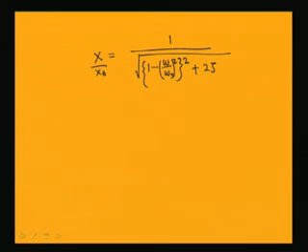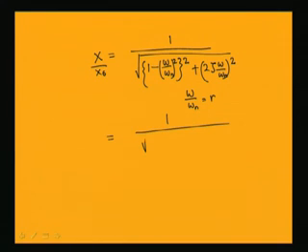plus 2 zeta omega by omega n whole square. I can write this omega by omega n equal to r, the frequency ratio. So, this equation will be equal to 1 by root over (1 minus r square) whole square plus (2 zeta r) whole square.